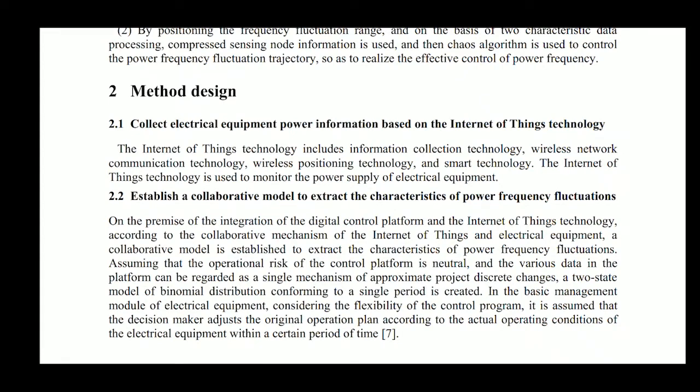A collaborative model is established to extract the characteristics of power frequency fluctuations, assuming that the option risk of the control platform is neutral, and the various data in the platform can be regarded as a single mechanism of approximate project-directed changes.